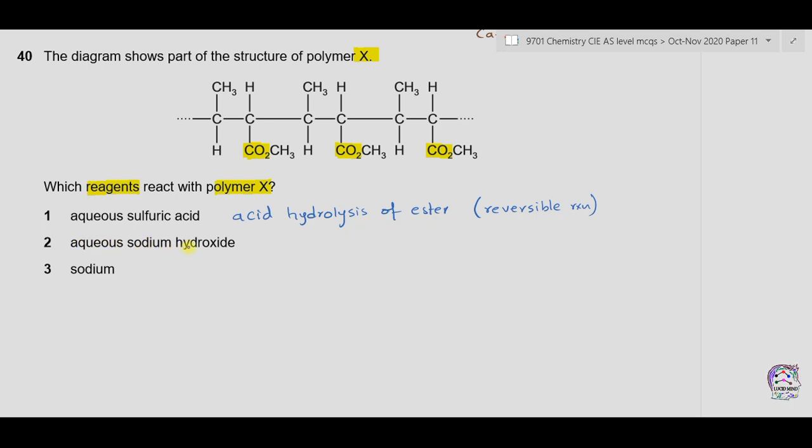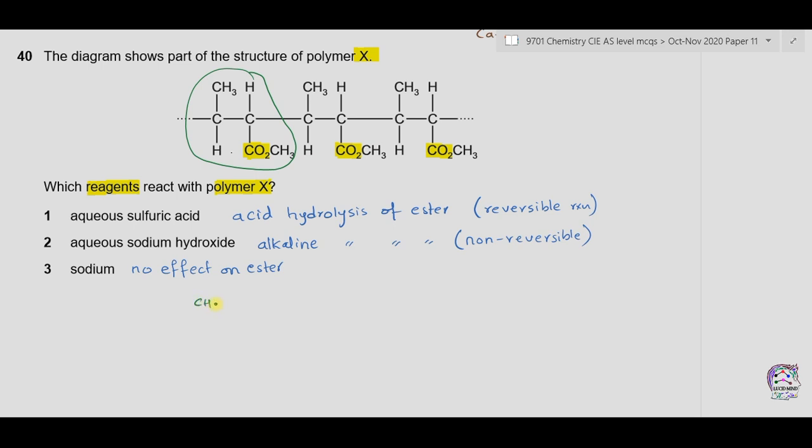Option 2, aqueous sodium hydroxide. Aqueous sodium hydroxide causes alkaline hydrolysis of ester. And the reaction is non-reversible. Sodium does not have any effect on ester. The reaction of one part can be shown like this.